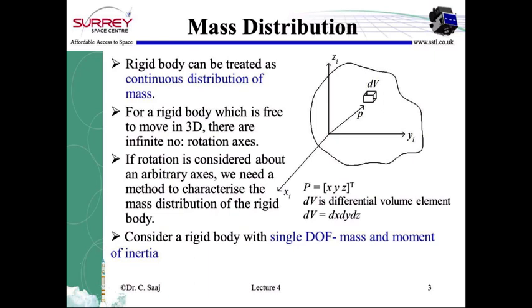Now let's consider an arbitrary point P anywhere along this rigid body. Now, with respect to this point P, if you define a differential volume, say delta V, then delta V is nothing but the product of dx, dy, dz.